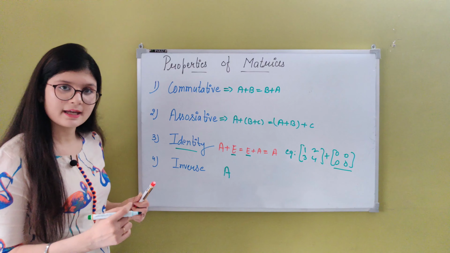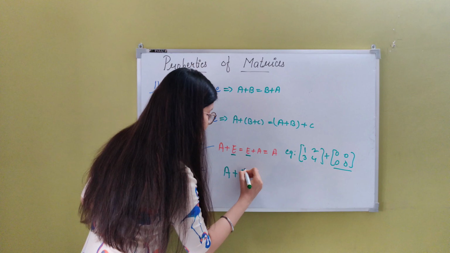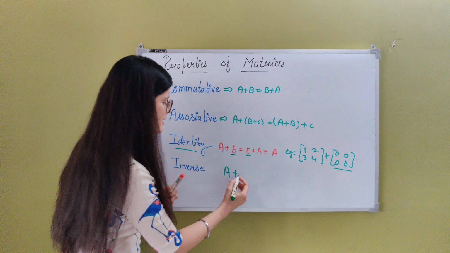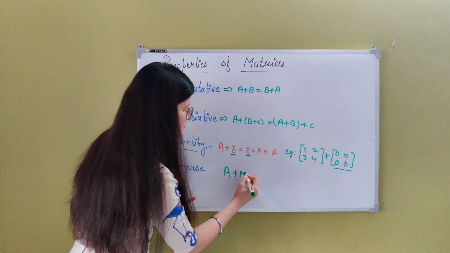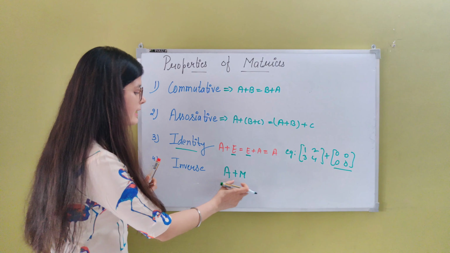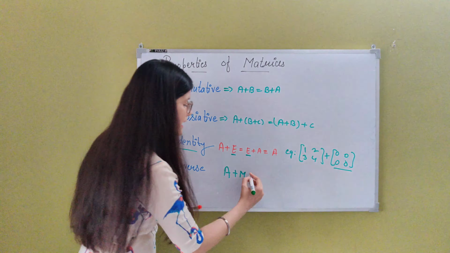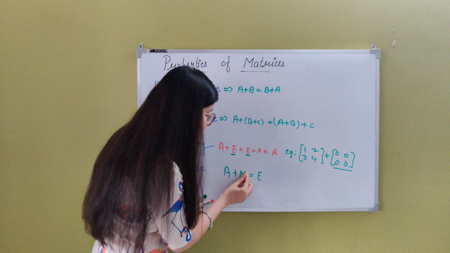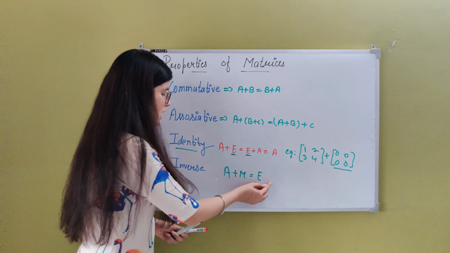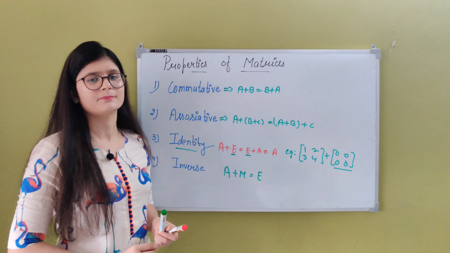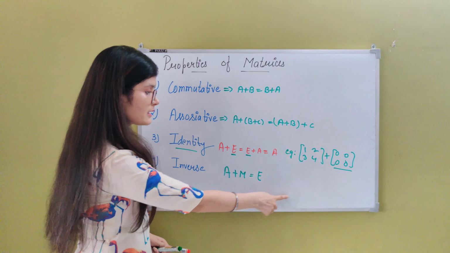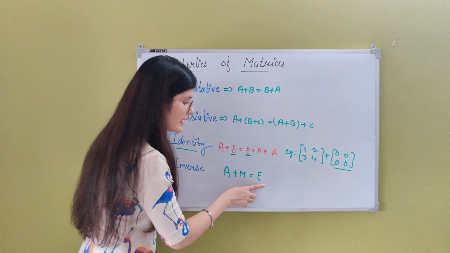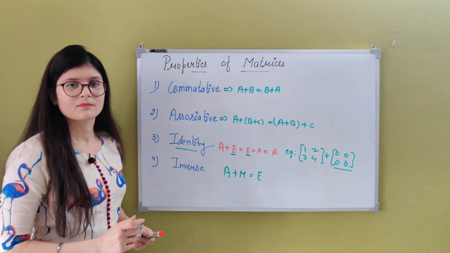If you take a matrix A and add some matrix M to it, and you get the identity, then M is known as the inverse of A. And what is this E? This E is the same as we discussed for the additive identity.